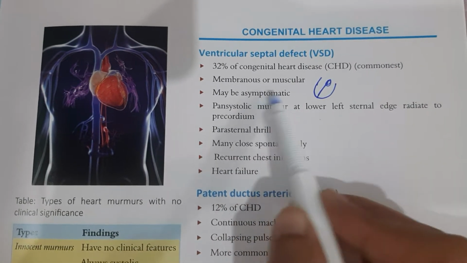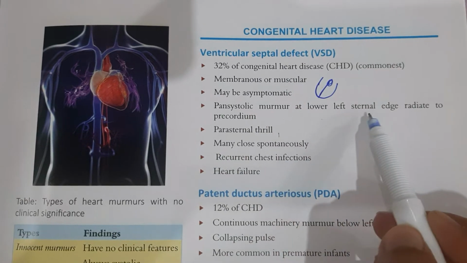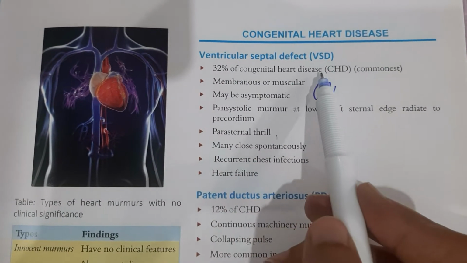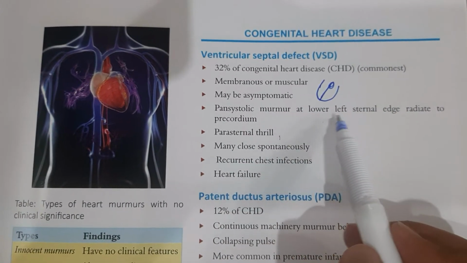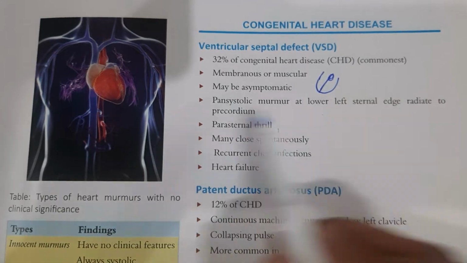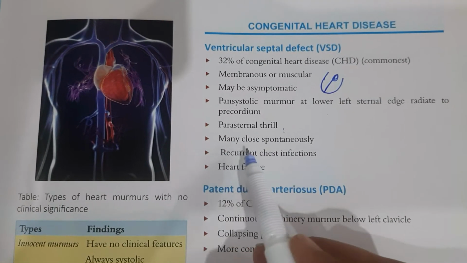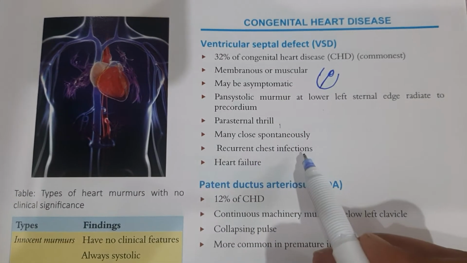Pansystolic murmur occurs if there is a ventricular septal defect, and it occurs at the lower left sternal edge, and it radiates to the precordium. There is a parasternal thrill, and many close spontaneously and do not require any specific treatment.